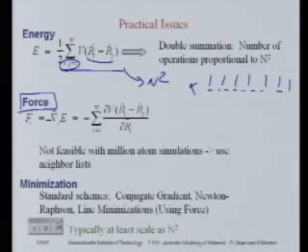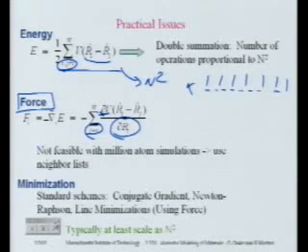You will need to calculate the force, which is a potential derivative, so you're essentially calculating the derivative of the total energy with respect to a given position. Same deal. That's an n squared operation. You have to sum over pairs of atoms. You have to sum over all atoms for the force on a given atom, but since there are n atoms, it's an n squared operation.